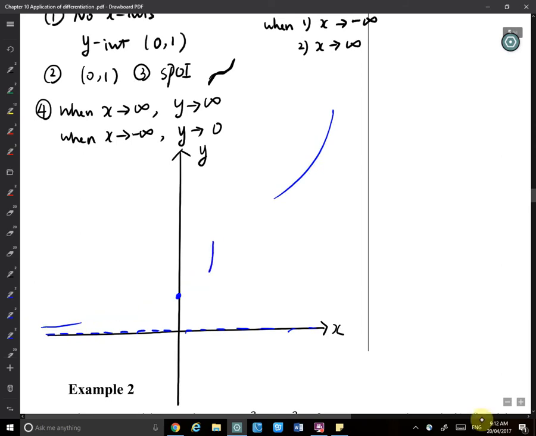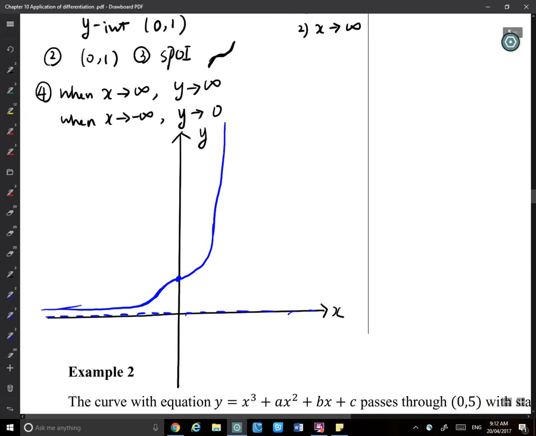Okay, let's do it. See the graph? This roughly looks like that, which is not a perfect graph, but it makes sense. You have a stationary point of inflection there, and you have a really increasing graph.